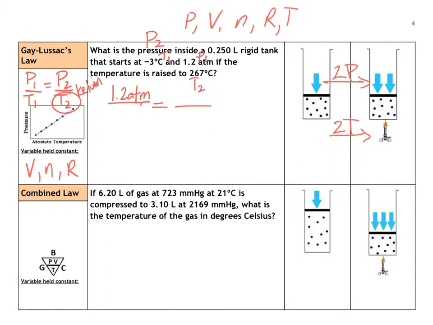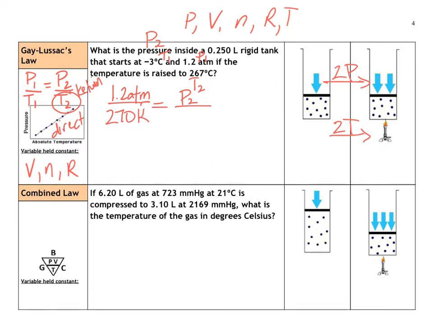And I did forget to tell you, or you should have seen, the direct relationship between pressure and temperature. And so P2 is what we're looking for. T1 is actually 270 after you add 273 to negative 3 degrees.